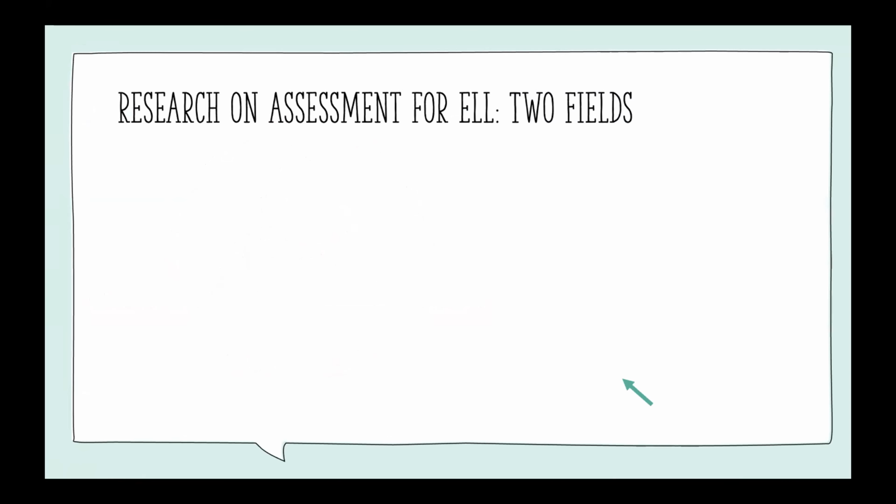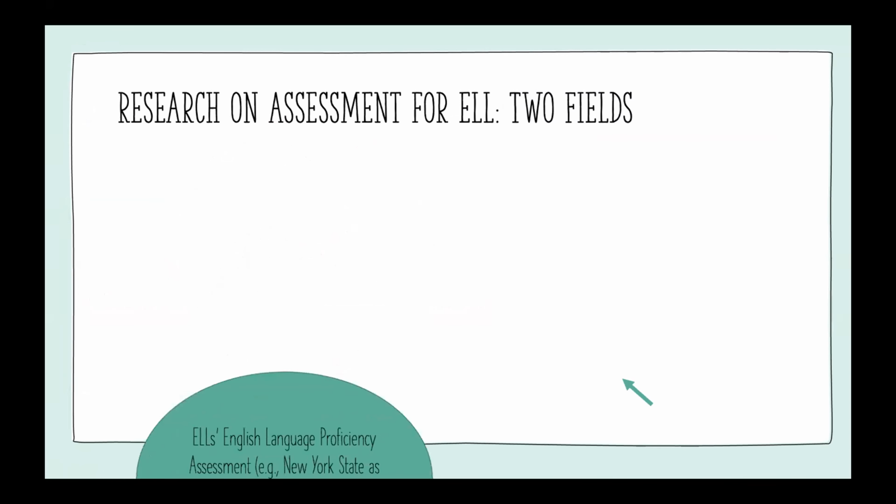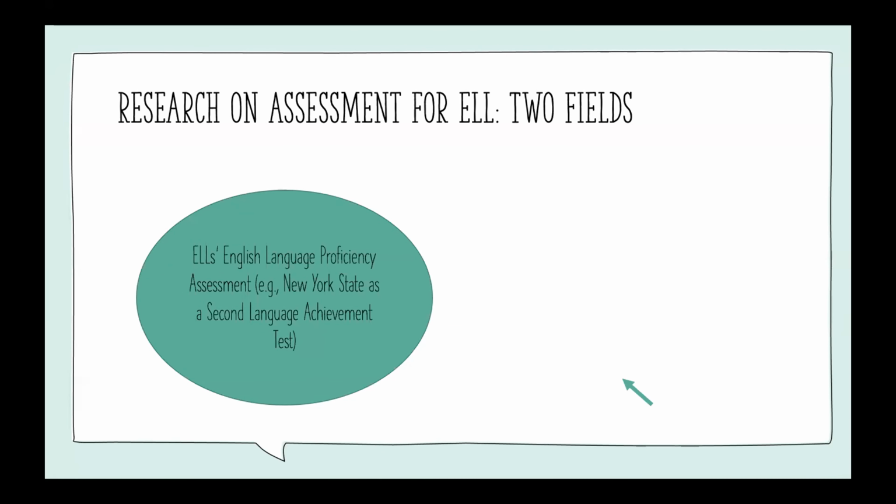In terms of assessment for English language learners, the current research has two major fields. The first field is English language proficiency assessment, for example, the New York State English as a Second Language Achievement Test. We use this type of assessment to identify English language learners' English proficiency.